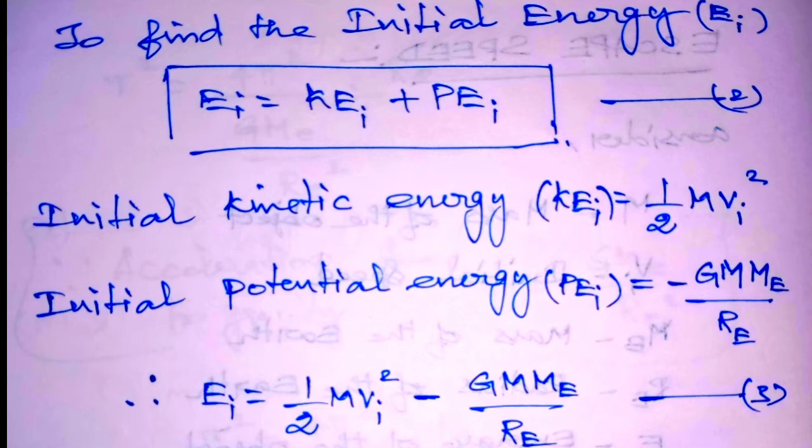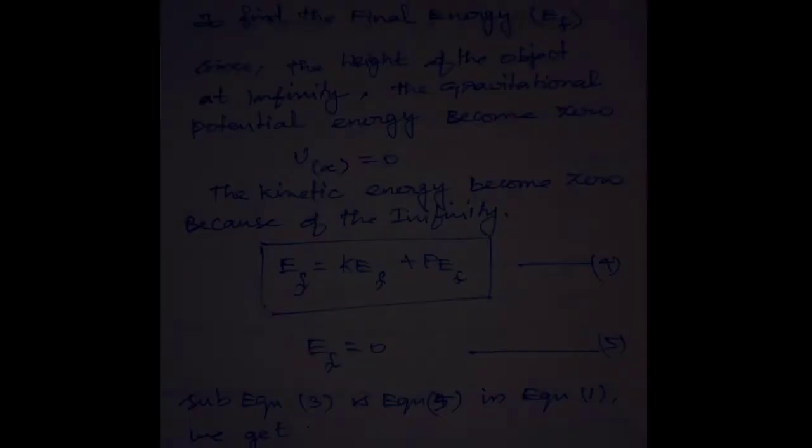Substituting in the above equation, we get initial energy Ei equal to half m vi square minus G M Me divided by Re. So this is equation number 3. This equation 3 represents the initial total energy of the object.